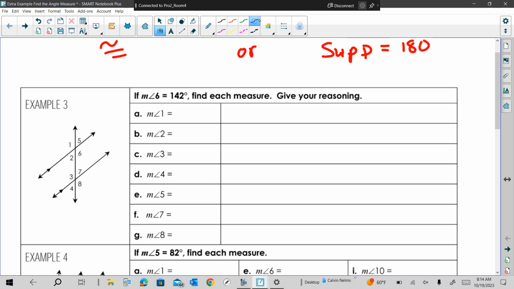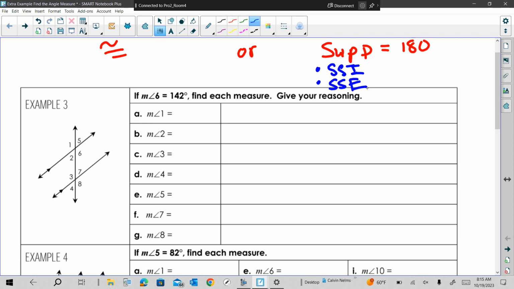To me, the easiest way to break it down is there's only two that are supplementary. You know how we have an S for supplementary? The two that are supplementary are same side interior, so an S, and same side exterior. Those are the only two that are supplementary. Everything else is congruent.